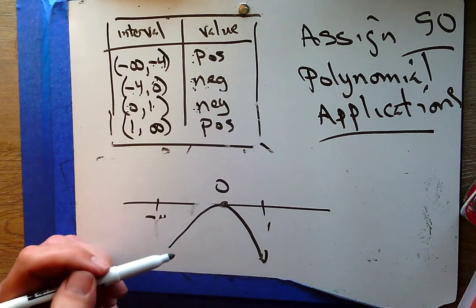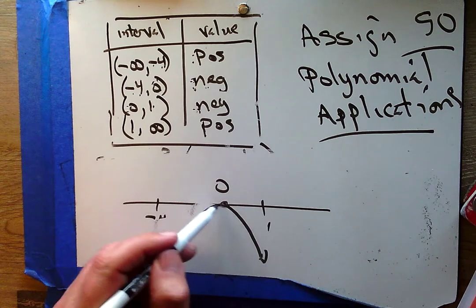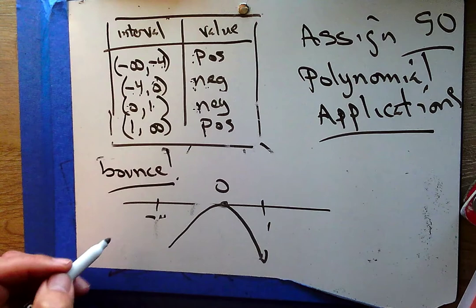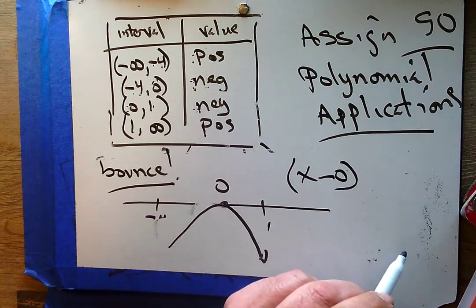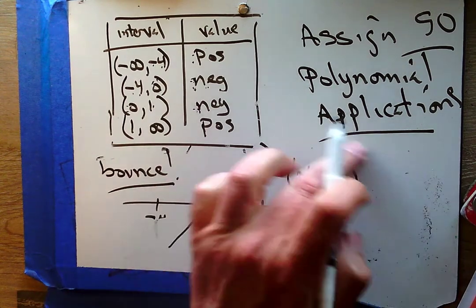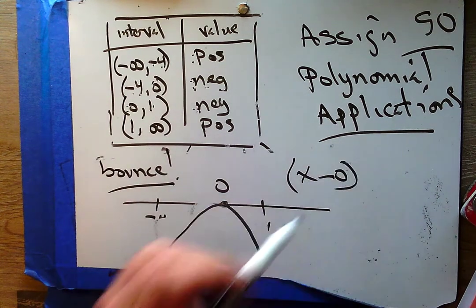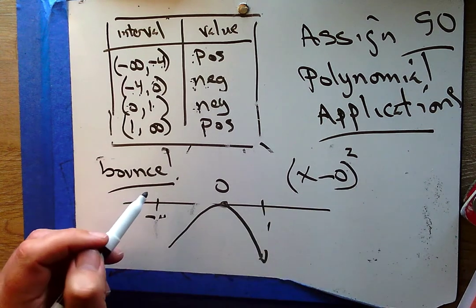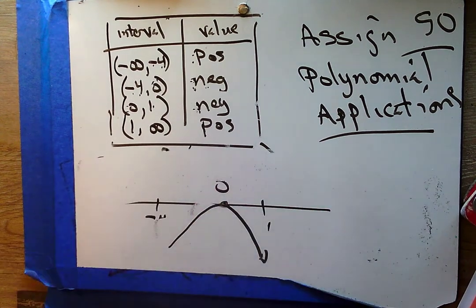So what do we have happening at x equals 0? Yes, it's an x-intercept, but look, we have a bounce. So what does that tell me about the x minus 0 factor? Is it to the first? No, we would be going through. Is it to the third? No, we're not wiggling through there. It's to the second, and we have a bounce that tells us that. Okay, so we have a bounce at x equals 0 is the answer to part B.